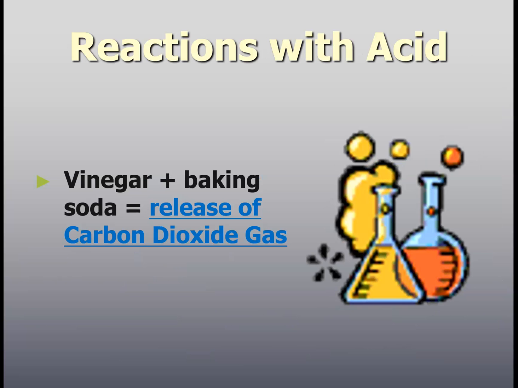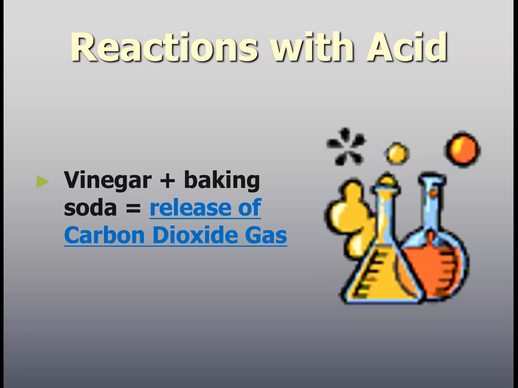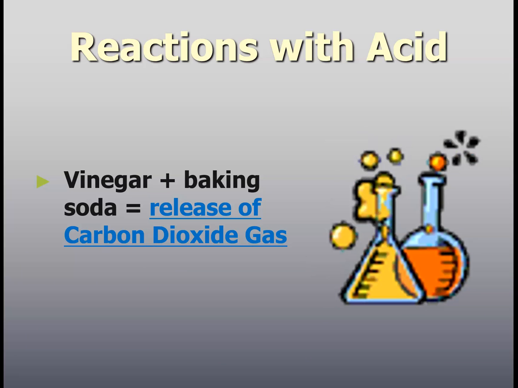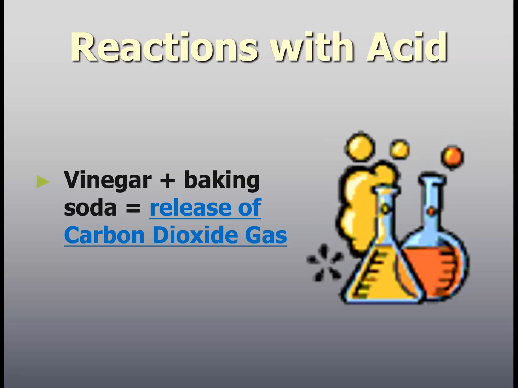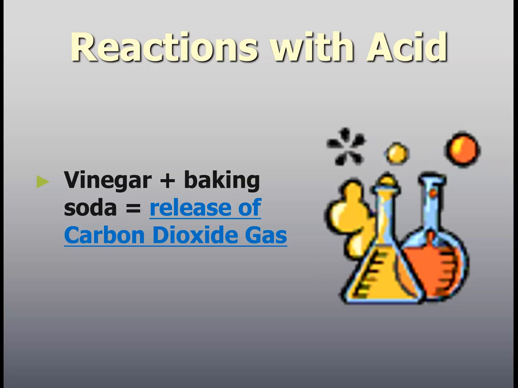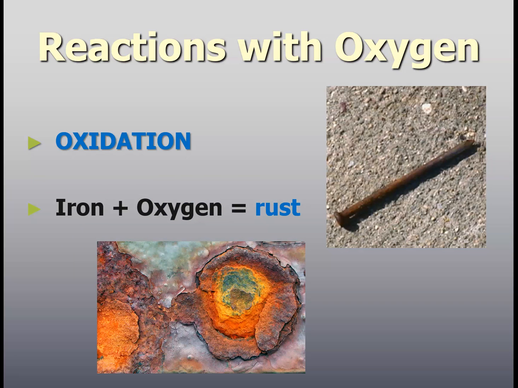So what are some chemical changes? Well, vinegar and baking soda, that is a chemical reaction, and it's the release of carbon dioxide gas. Another one is called oxidation. Oxidation is when iron and oxygen come together and form rust.